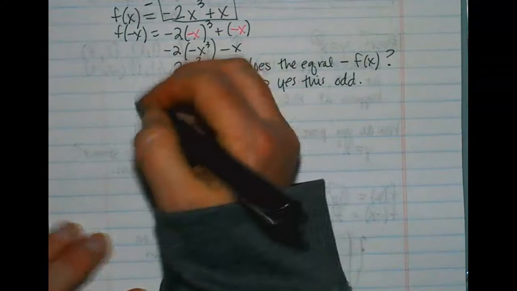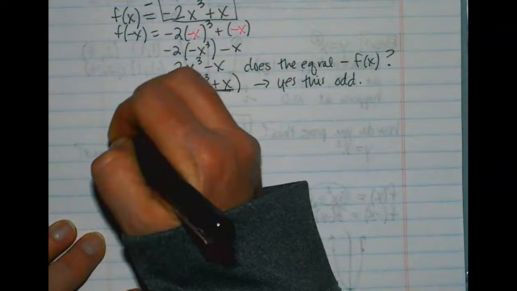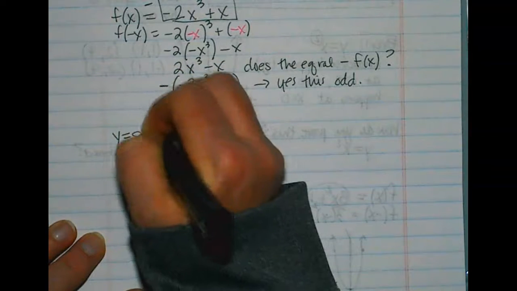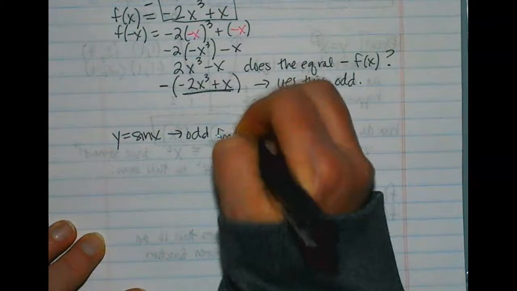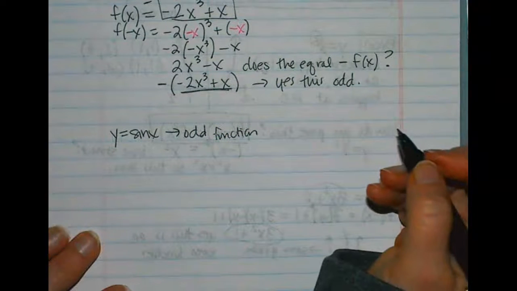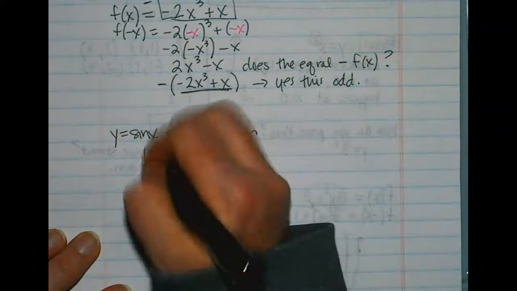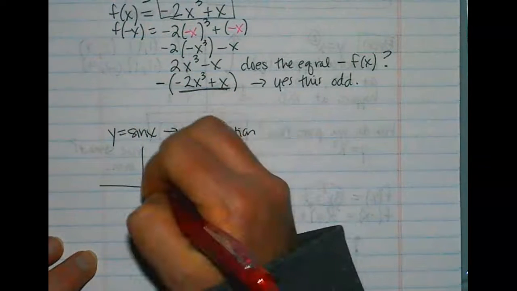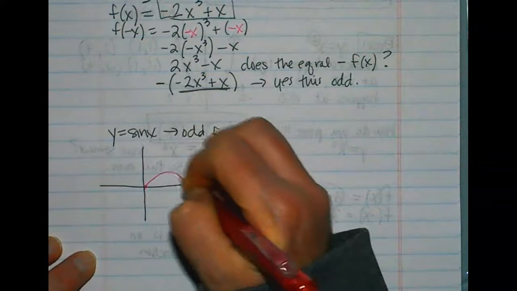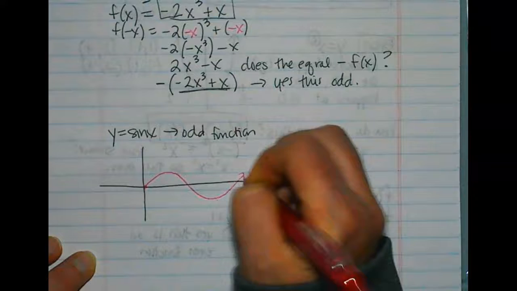So for example, if I know that sine, and we're going to do this soon, if I know that sine is an odd function, just as an example, if that's all I know about it, and then I also know that sine starts at the origin and does this thing where it goes up and down and up and down.